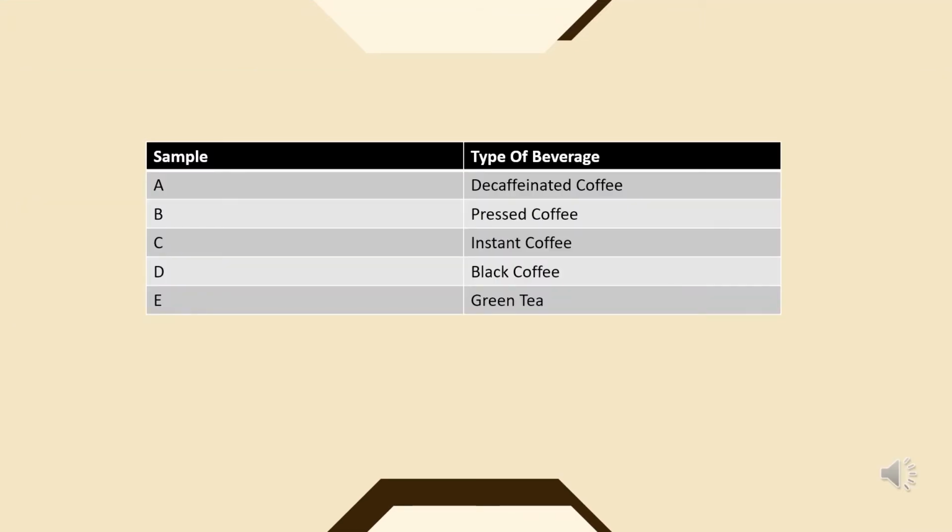After we know how to determine what the samples are, we finally get the answers: A is decaffeinated coffee, B is pressed coffee, C is instant coffee, D is black coffee, and finally E is green tea.